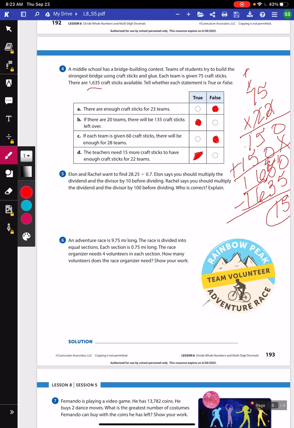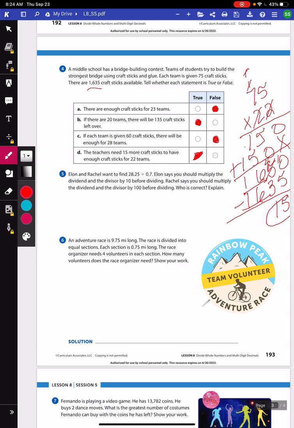Close enough, bubbling in. All right, number 5, Elon and Rachel want to find 28 and 25 hundredths divided by 7 tenths. Elon says you should multiply the dividend and divisor by 10 before dividing. Rachel says you should multiply the dividend and the divisor by 100 before dividing. Who is correct?